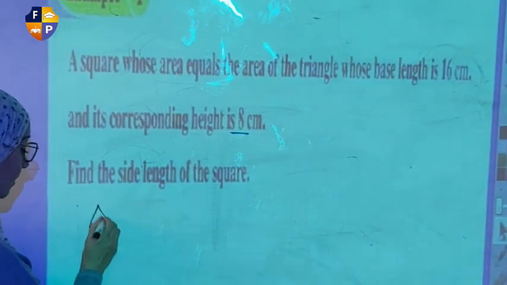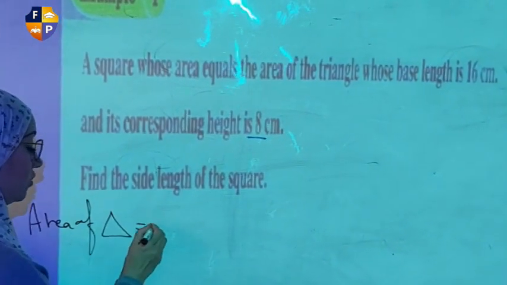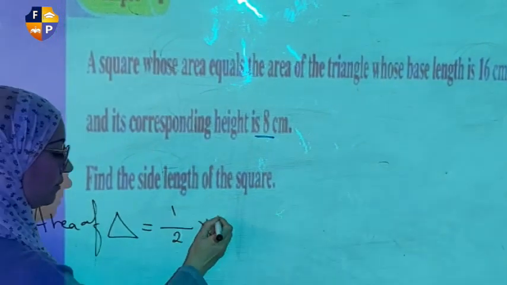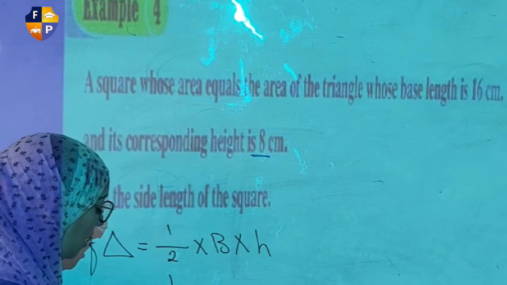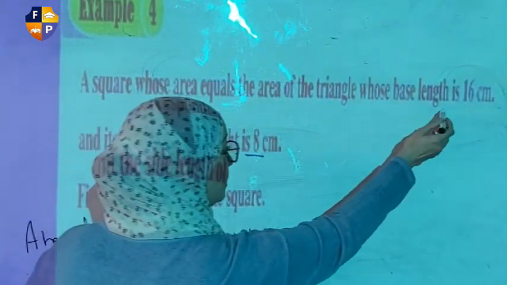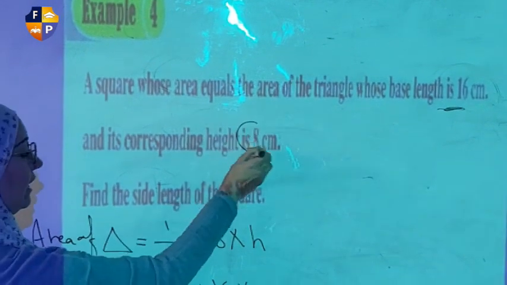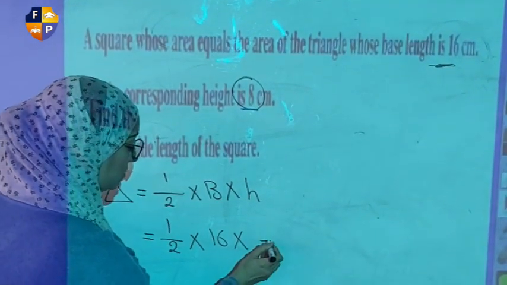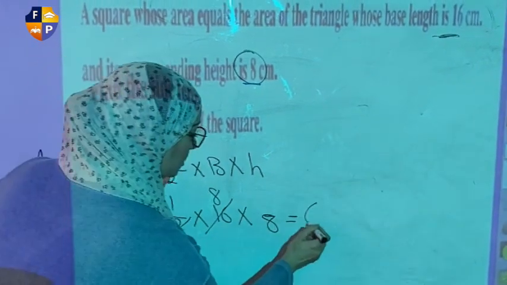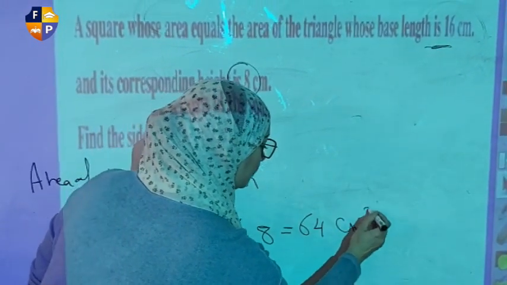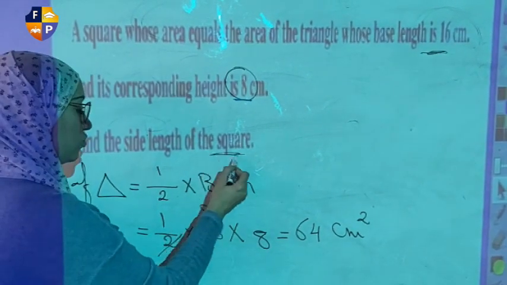Area of triangle equals half multiplied by base multiplied by height, equals half multiplied by the base 16 and height 8, equals 64 centimeter square.